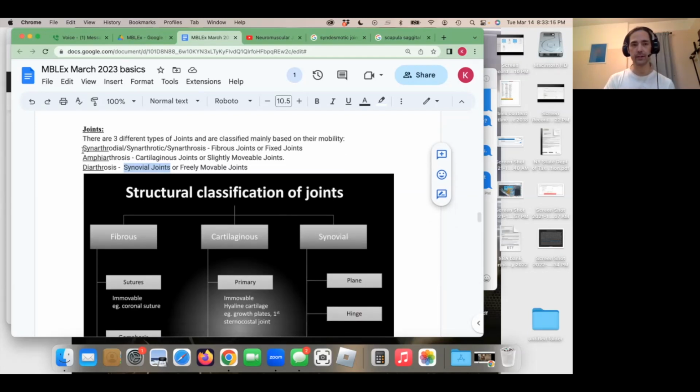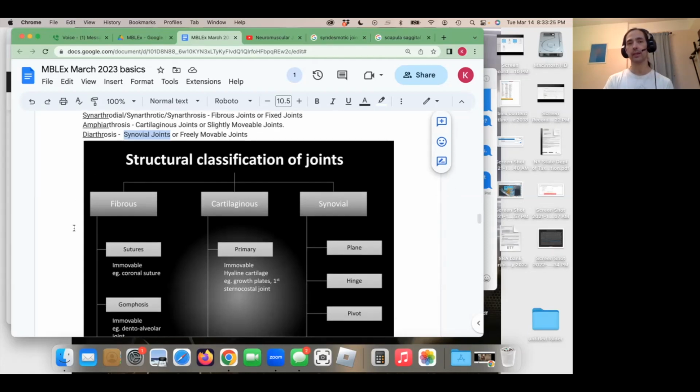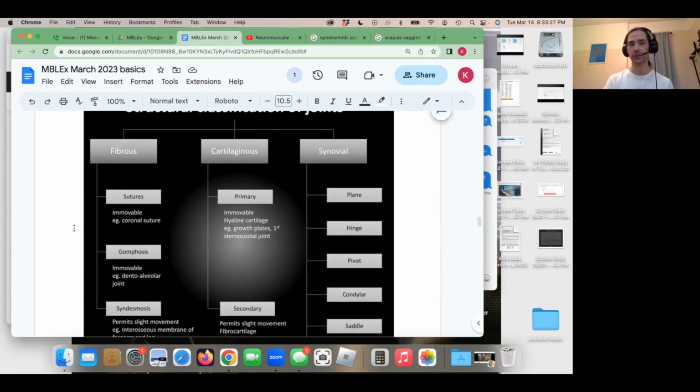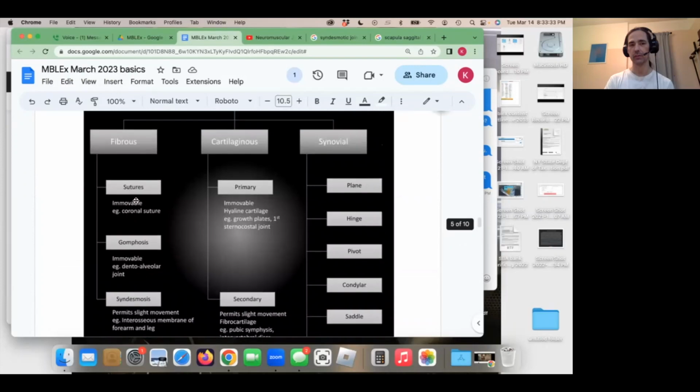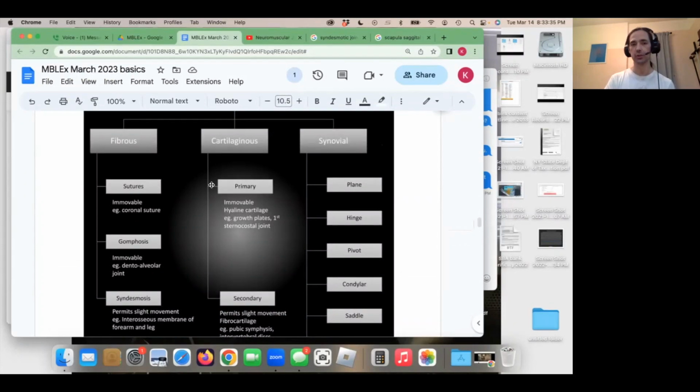And if we look at synarthrodial as immovable, amphiarthrodial as partially movable, and diarthrodial as freely movable, then we get an additional classification, which is, I would say, by the shape. I don't know what that terminology is called, but I would say the shape. So it's like, is it a suture or a primary or secondary?